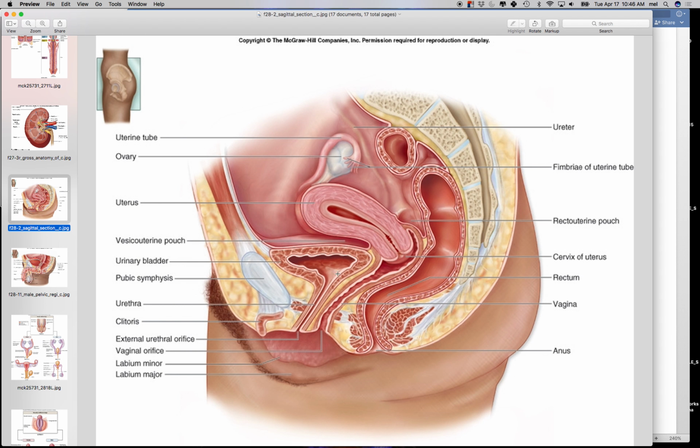And then the trigone would be on the back side right there. In addition, you have a lot of openings close to one another: the urethra, the vagina, and then the rectum and anus back here. So obviously, if a little girl does not learn how to wipe properly, she is going to have a predisposition to urinary tract infections. You do not wipe up, you wipe back, and that's important to teach your little girls.